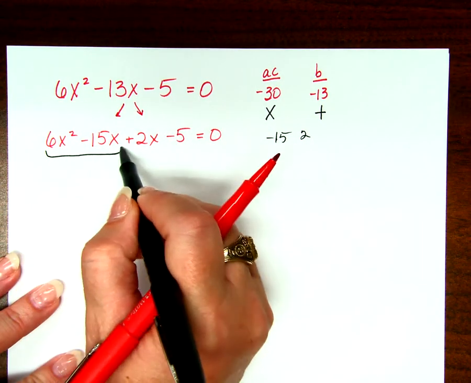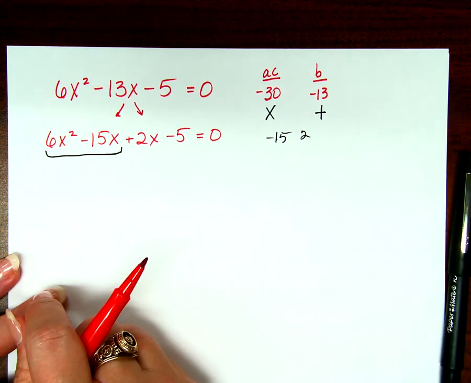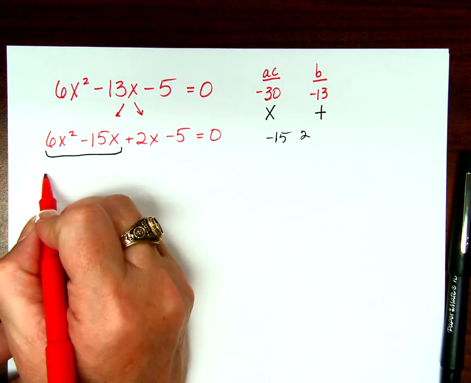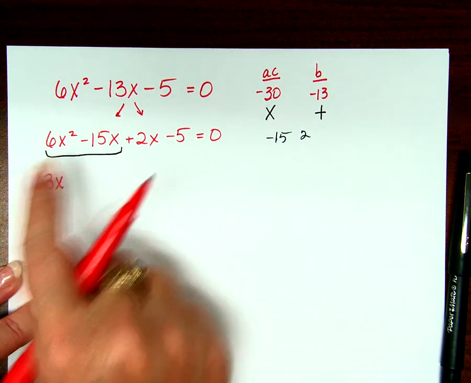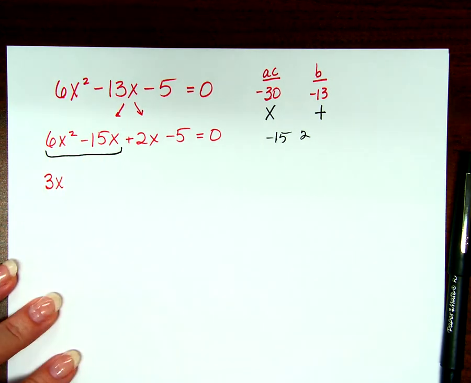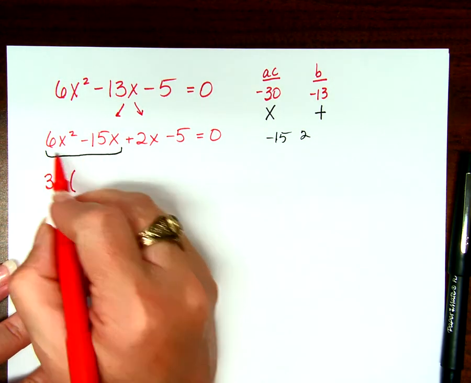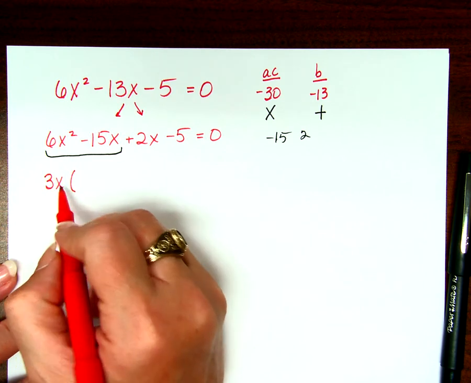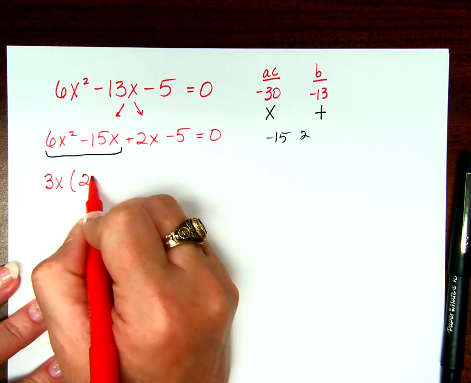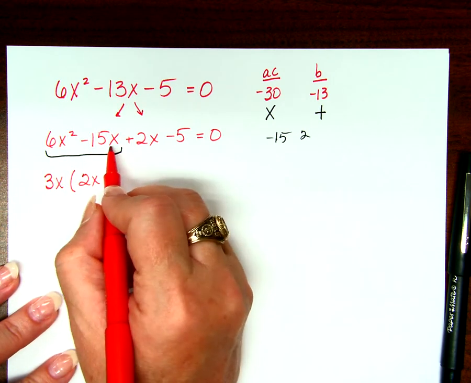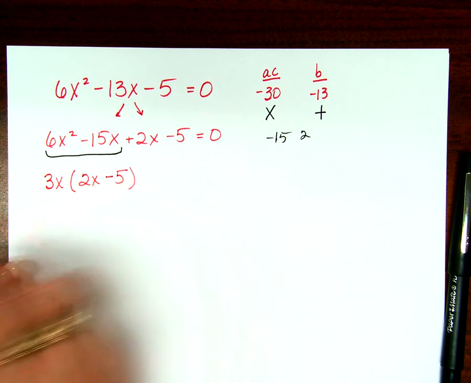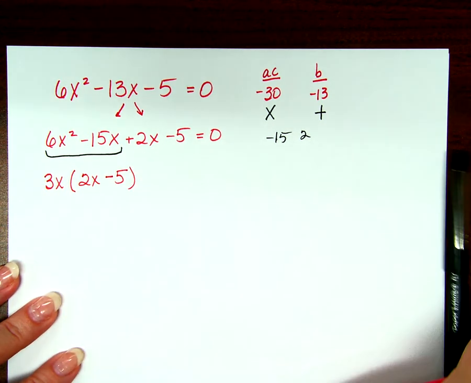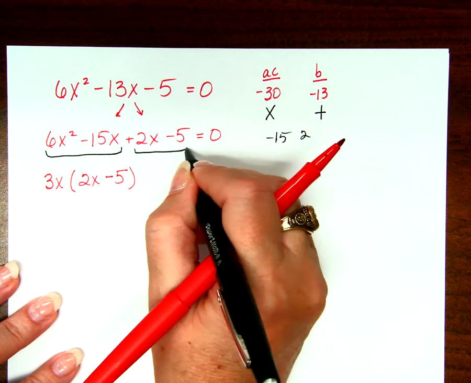I look at these two terms and I say what's common in those two terms? 3x. What's left if I divide each of these two terms by 3x? What's left here if I divide it by 3x? 2x, good. What's left if I divide this by 3x? Minus 5, right? Now what's common in between these two terms?